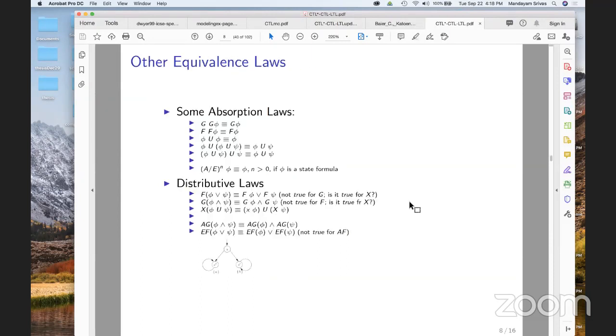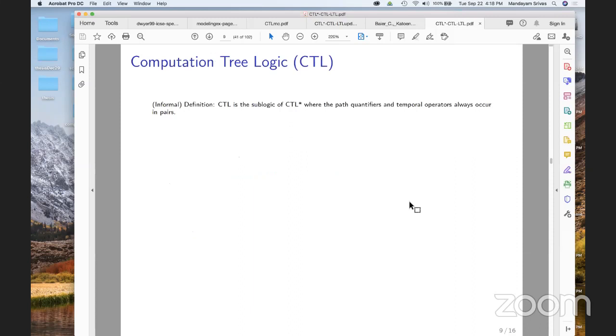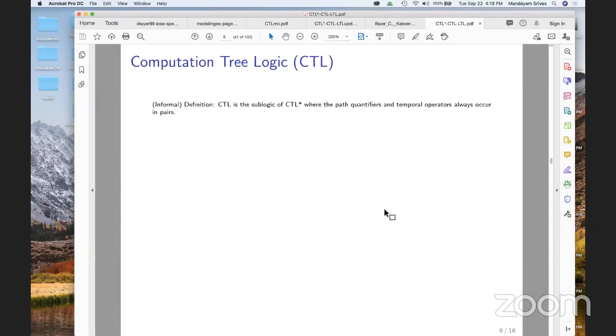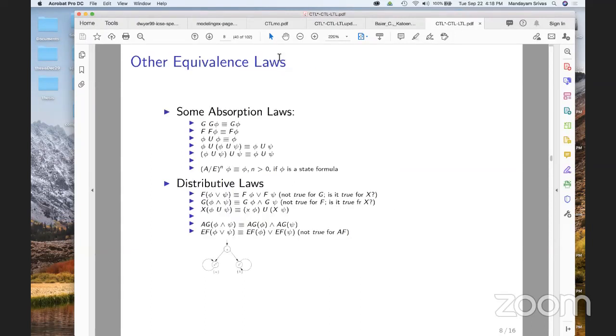I think that's all that I wanted to cover on these things. So what I want to move on to now is to start informally introducing model checking. We will start with CTL model checking and then move on to LTL model checking.